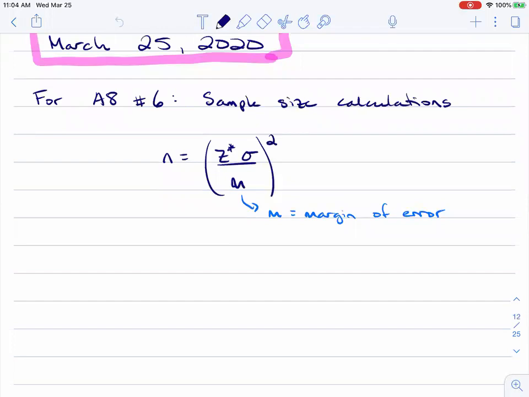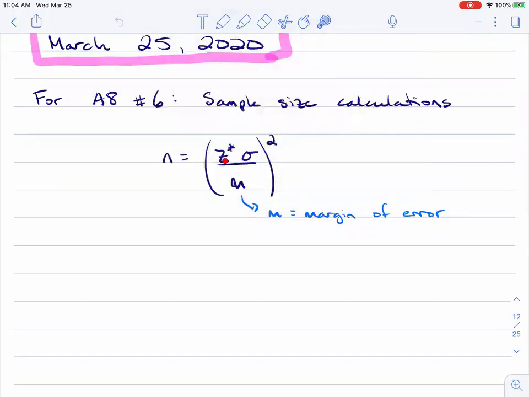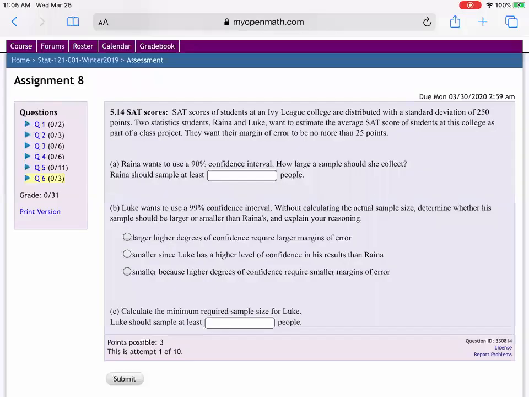And then the Z star, I'll use the little pointer. The Z star is going to vary depending on if you want a 95, 90, or 99% confidence interval, but the sigma is going to be the same for each of them. I'm pretty sure they want a margin of error of 25 points here. That could change depending on the question, like some of these numbers are variable.